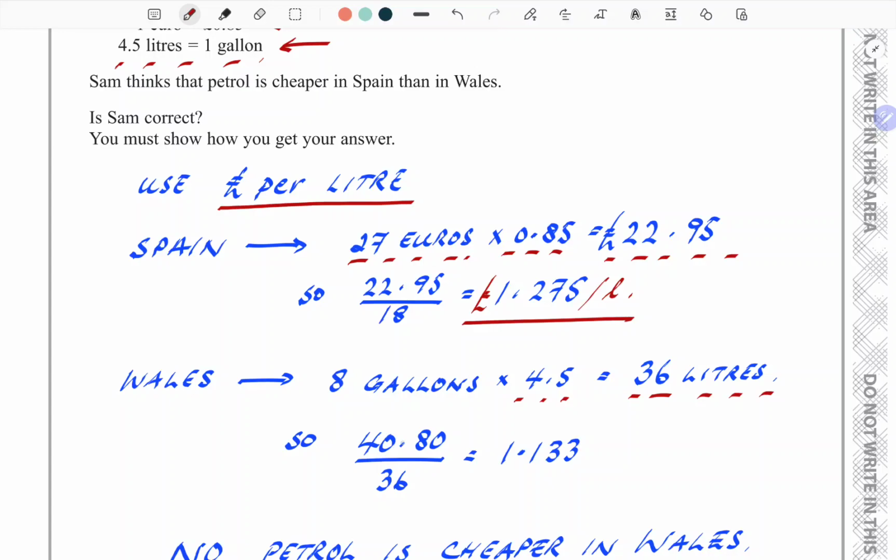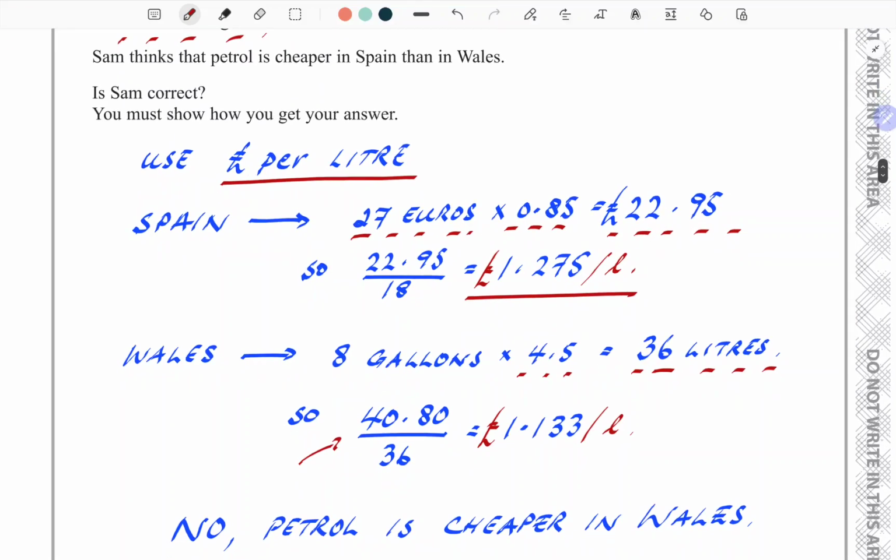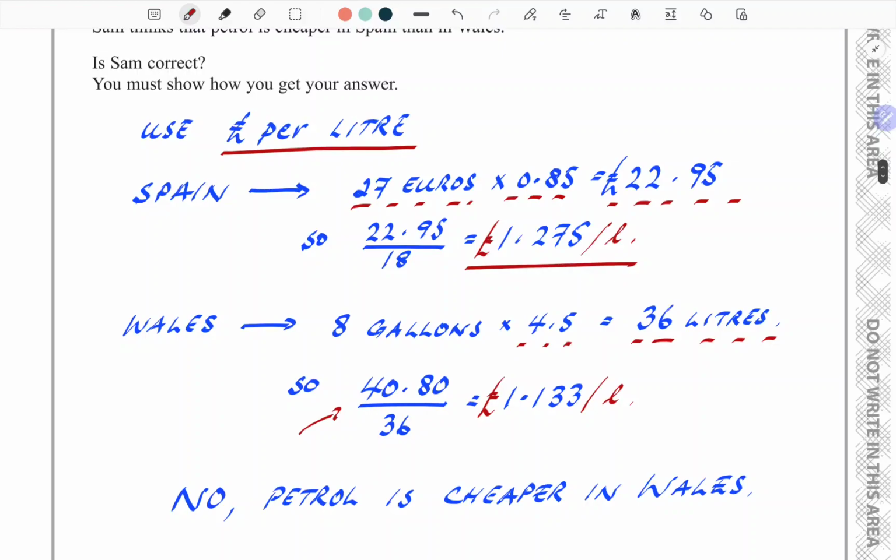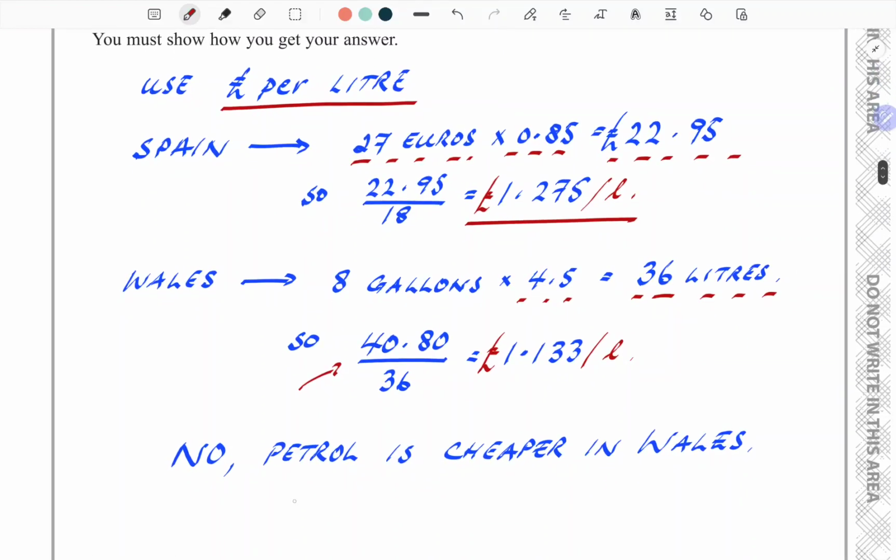So the pounds per litre is the 40.80 pounds divided by 36 litres, and you get 1.133 pounds per litre, with or without the third decimal place, which probably doesn't mean much. We can tell that Sam's comment that it's cheaper in Spain is wrong. In this type of question, you've got to write a statement.